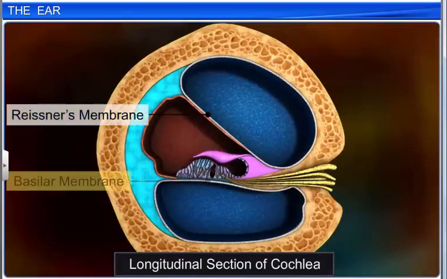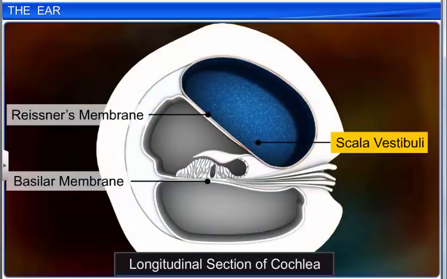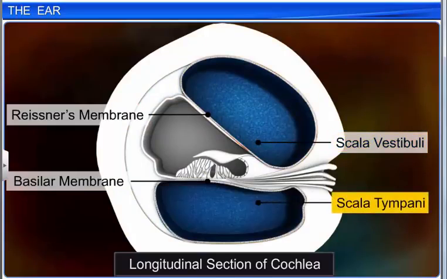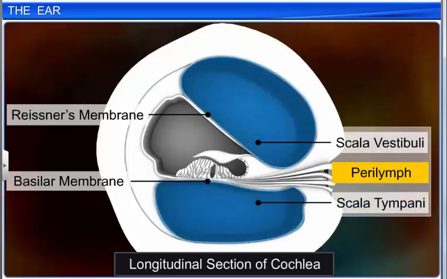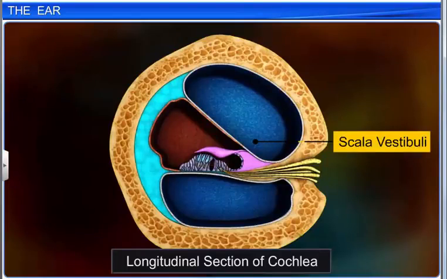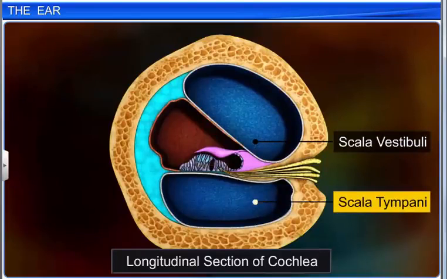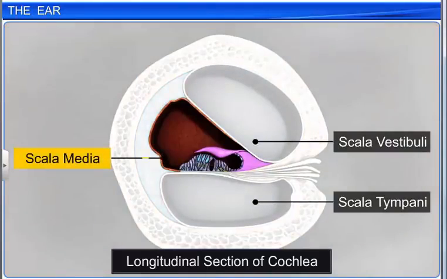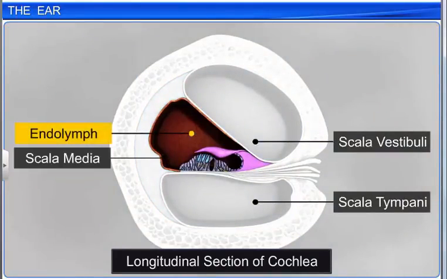Reissner's membrane and the basilar membrane divide the bony labyrinth into an upper section called the scala vestibuli and a lower section called the scala tympani, which are both filled with perilymph. Coming to the membranous labyrinth, the space between the scala vestibuli and scala tympani is called the scala media and is filled with endolymph.